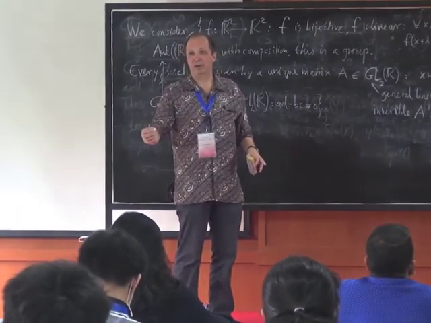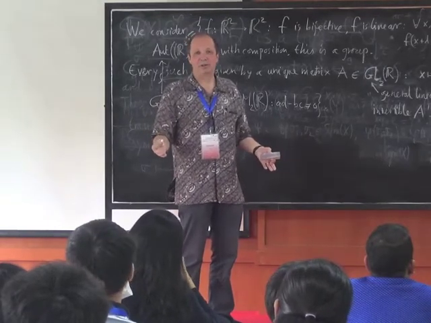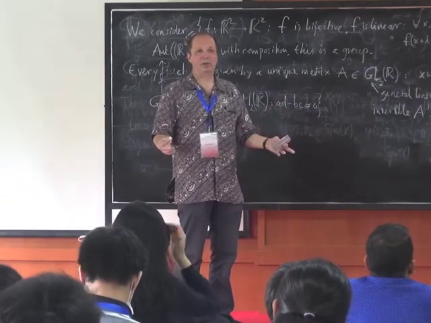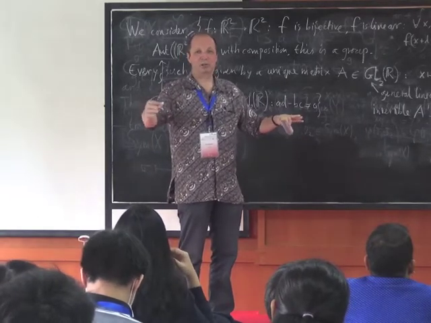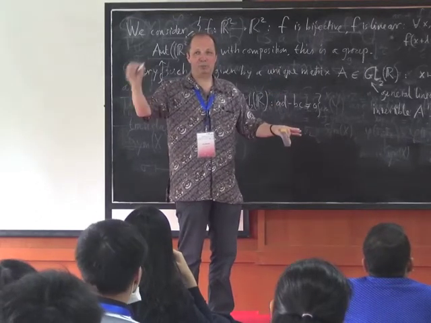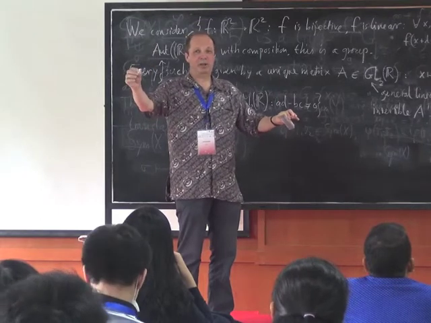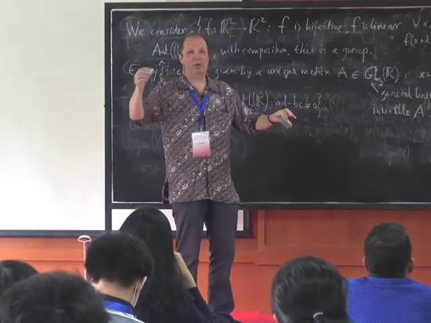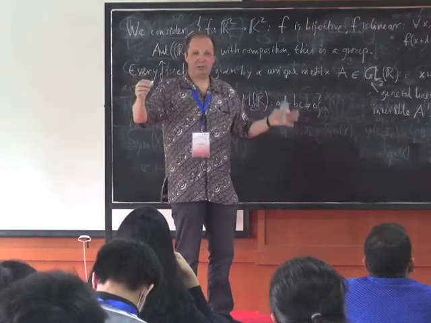And what is the justification of this statement? If I have one point and another point, I can bring the plane to itself by translating this point to that point. So if I have a point x and a point y, I can translate the plane by the vector y minus x, and then x goes to y.